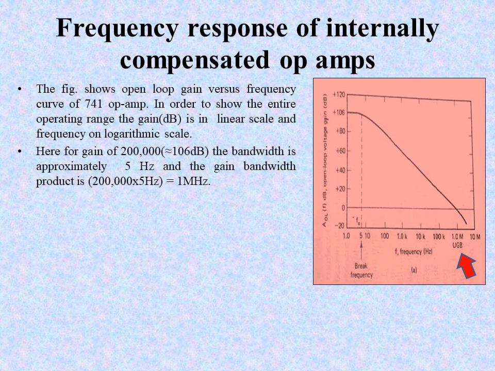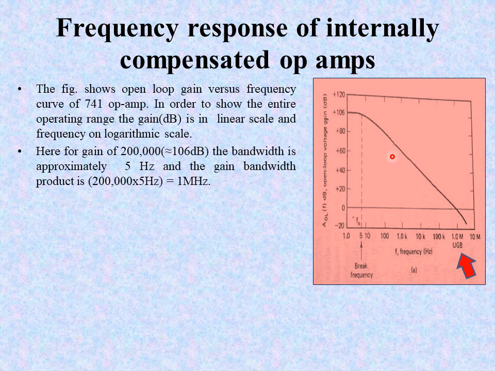Now by looking at the graph, we can see here for a gain of 2 into 10 raised to power 5, that is approximately equal to 106 decibels, the bandwidth is approximately 5 hertz. So here this can be seen. See here, for 106 decibels the gain remains constant up to 5 and then it starts decreasing.